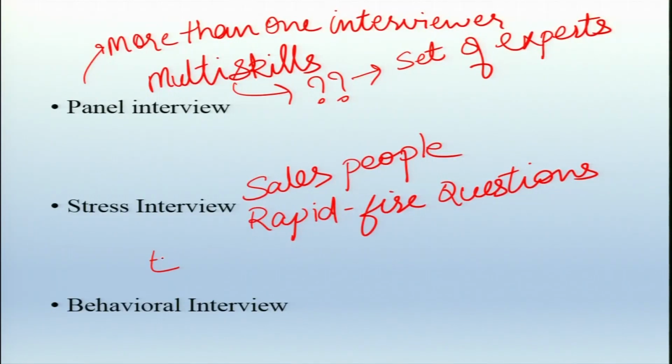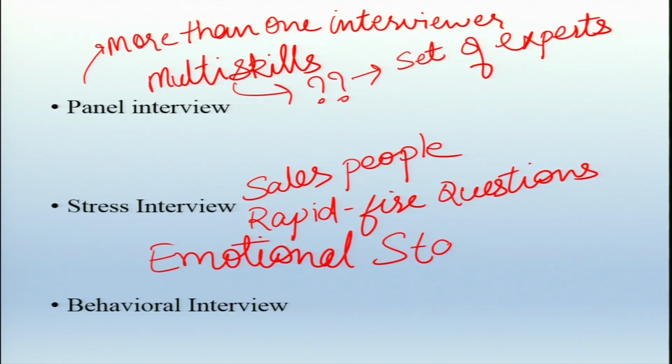Any idea? To check one's emotional stability. Fine? To check one's emotional stability, how emotionally stable you are. Are you going to get anxious very easily? Are you going to get aggressive somewhere?